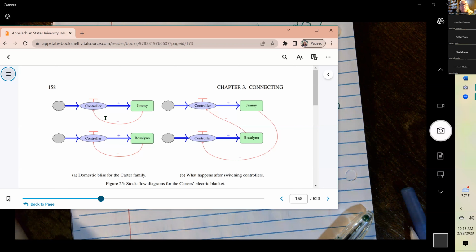And so that's why this one is a negative. It's an increase in his, I guess you can think of comfortability. Then the controller slows down, or it's at the temperature it needs to be. And so this goes down until it's below whatever temperature it's set at, and then it sends more. And that's how this has stability.